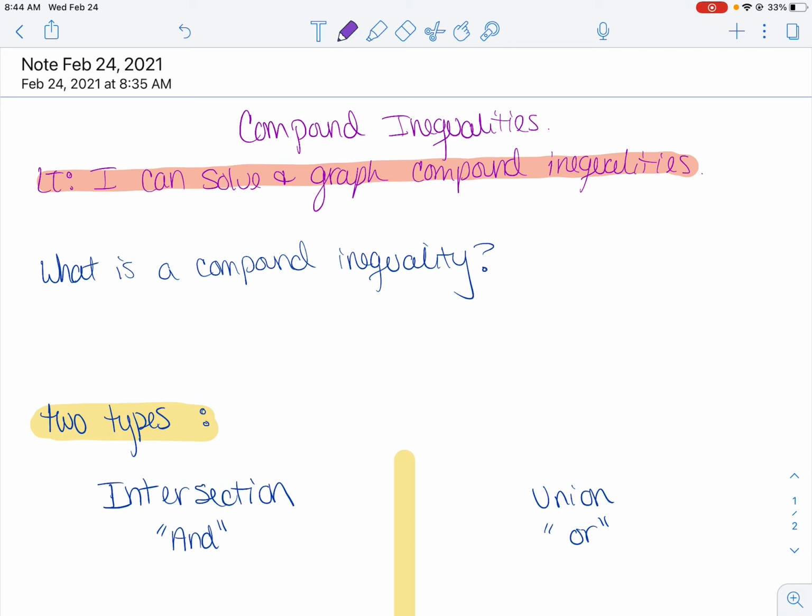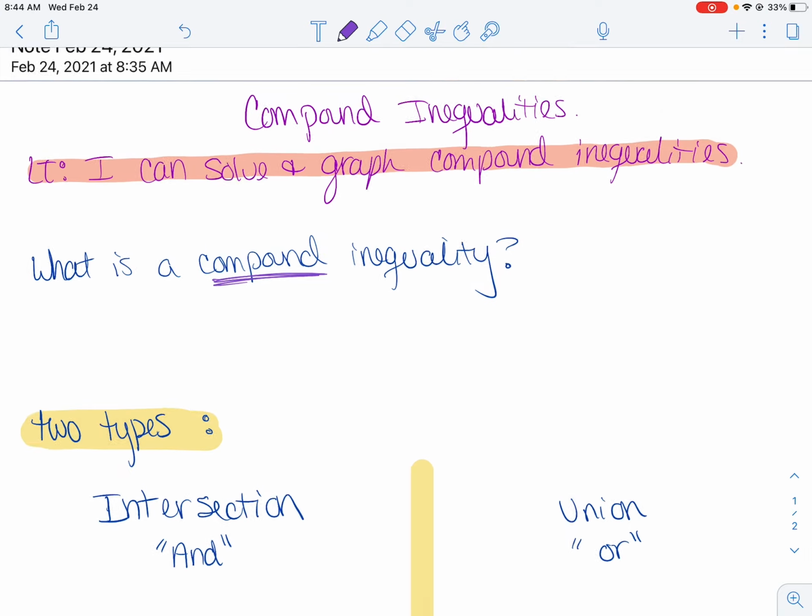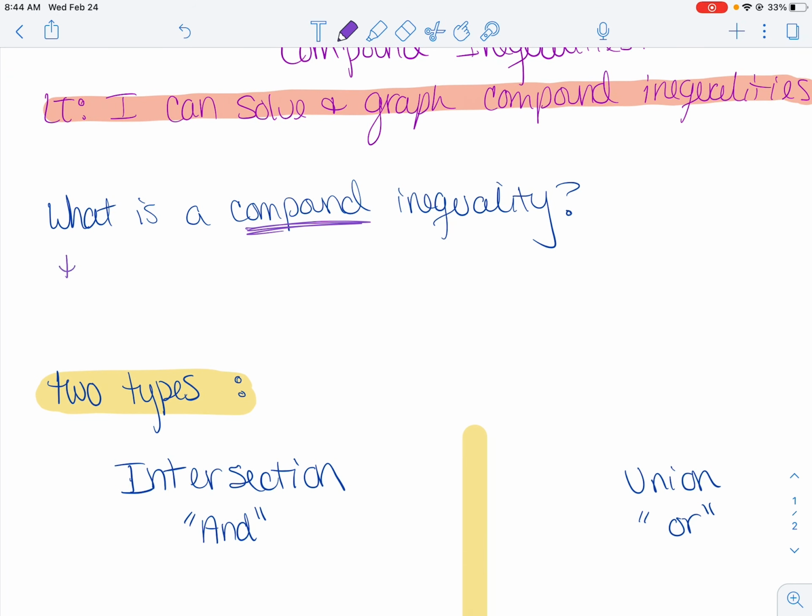Well, compound, if we're thinking science or math, is just multiple things put together, right? Something that's made up of more than one piece. So a compound inequality is just two or more inequalities to describe a solution set.